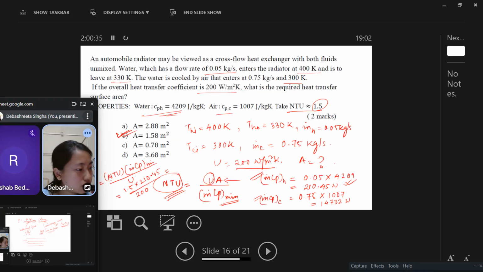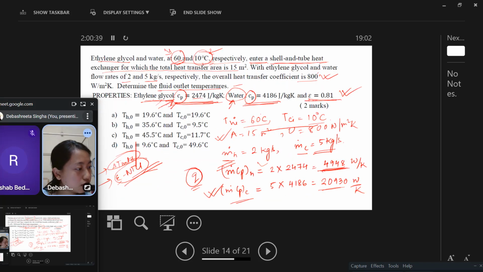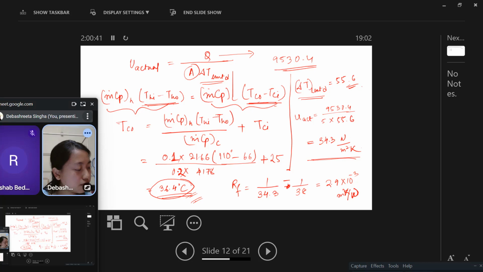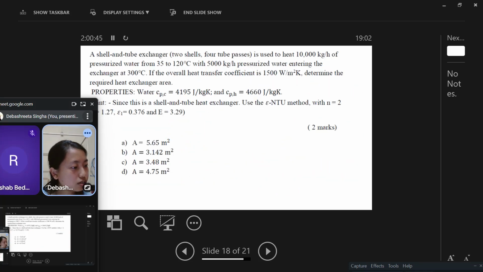And that is the thing for today, I would say. There are more questions, but in these they have given more parameters, for when the shell passes are more than one, like two, four.